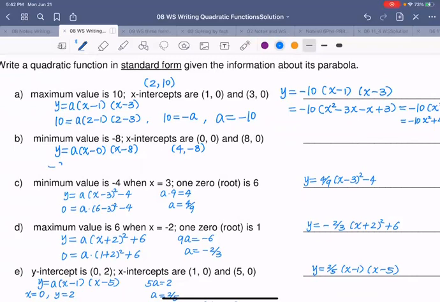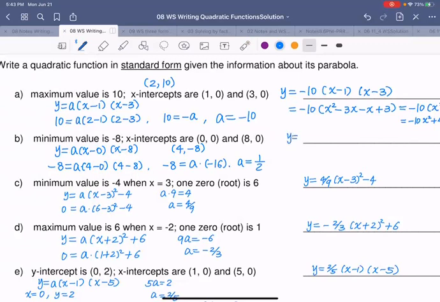So it would be -8 equals a times (4 minus 0) times (4 minus 8), which we would get -8 equals a times... this is 4, this is -4, so that's -16, right? Yes. That means a would equal 1/2.